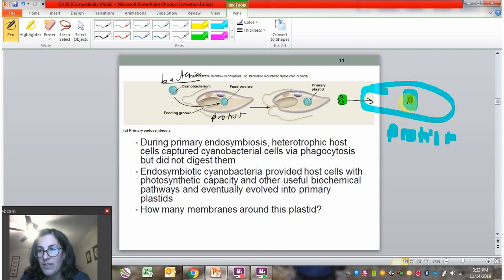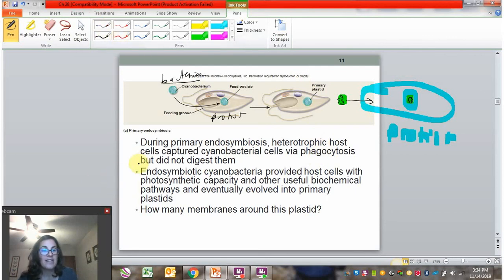The green here is the inner membrane of the chloroplast, and this blue here is what becomes the outer membrane of the chloroplast. If you think back to what you learned about the chloroplast, it has two membranes plus the thylakoid. And so it gets the thylakoid membrane, the inner membrane, and the outer membrane due to its evolutionary history of having arisen through primary endosymbiosis.